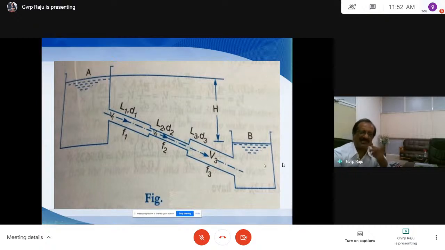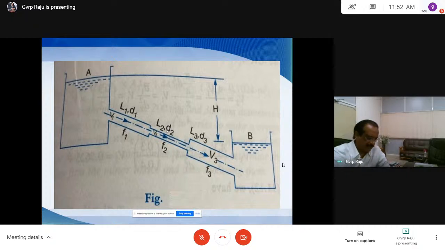L is equal to L1 plus L2 plus L3. The length of the equivalent pipe is equal to the sum of the lengths of the different pipes.